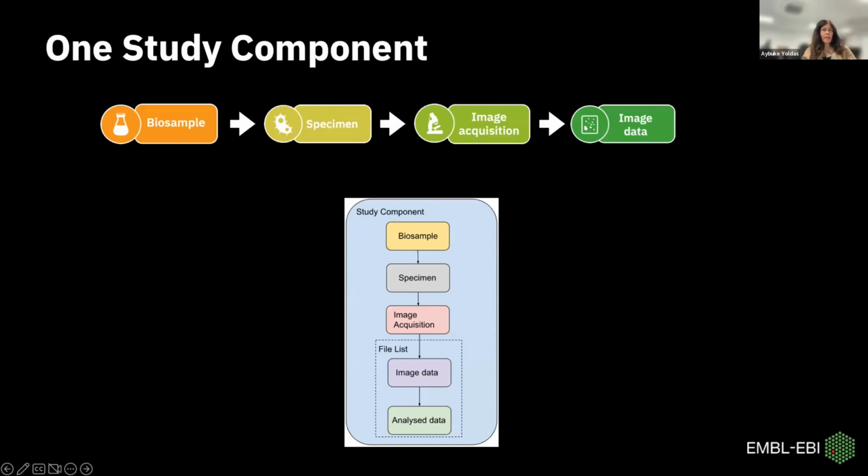The simplest way is a one study component submission, where you have just one biosample and one specimen from that biosample, and a single imaging method where you obtain your image data and potentially analyzed data.